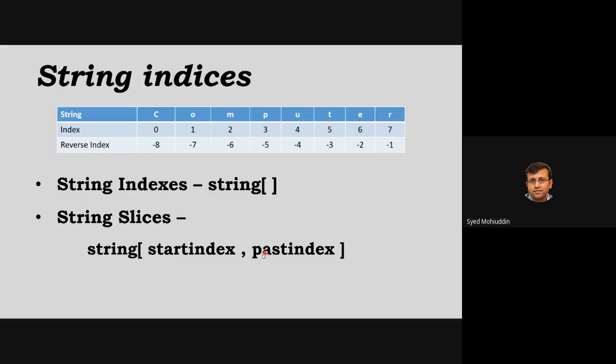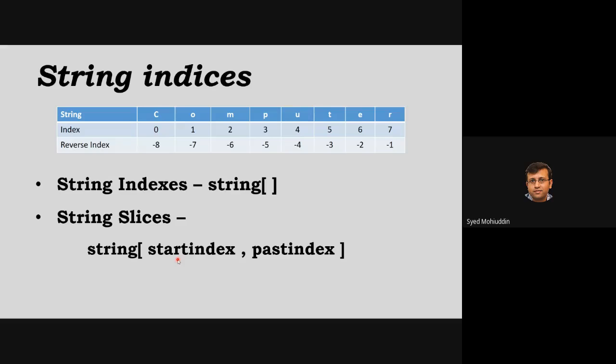Sometimes some textbooks use end index, or sometimes it's a past index. Past index means index but 1. It is not just the end. Some textbooks which use end index, it will be like end minus 1. But we are using the term past index, as described in your prescribed textbook.